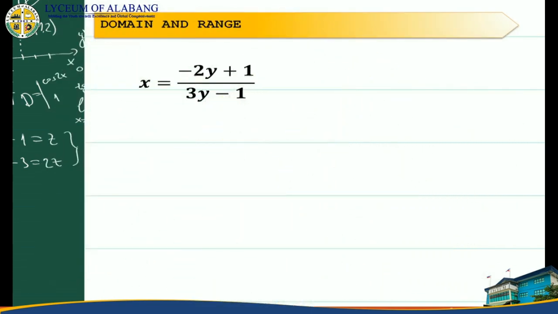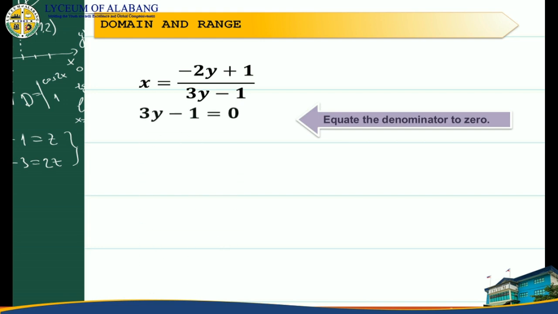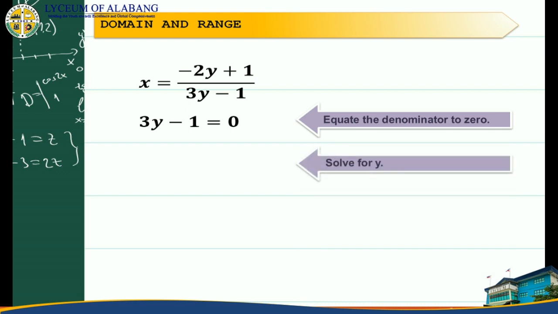After getting the value of x, next, equate the denominator to 0, and we get 3y minus 1 is equal to 0. Then, solve for y. We have 3y is equal to 1. Then, divide both sides by 3.